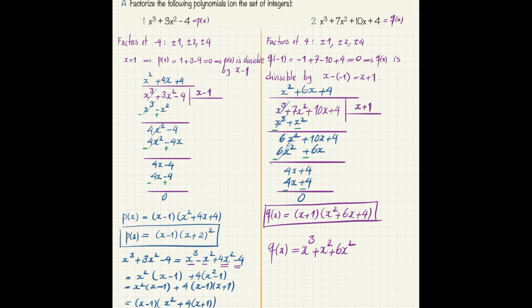And then look here, I have a 10x. 10x appears here, and then you see that this is written as positive 6x, positive 4x. So I need to break this one as well into 6x plus 4x, 10x, and then at the end I will have positive 4.